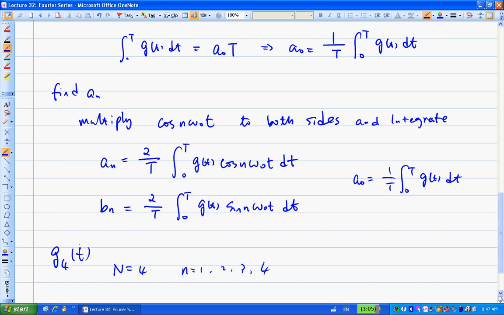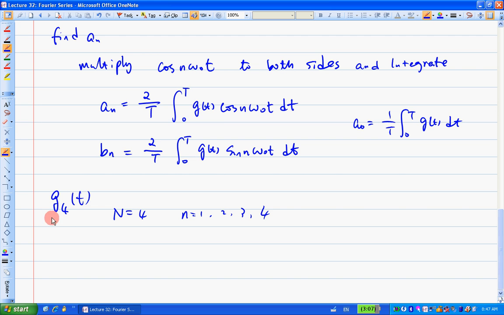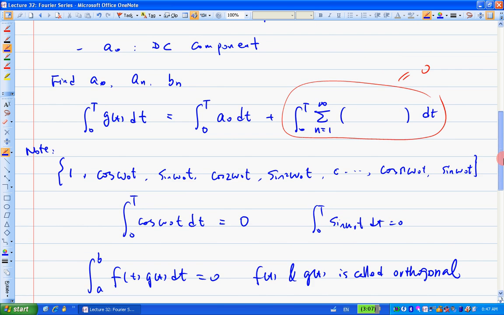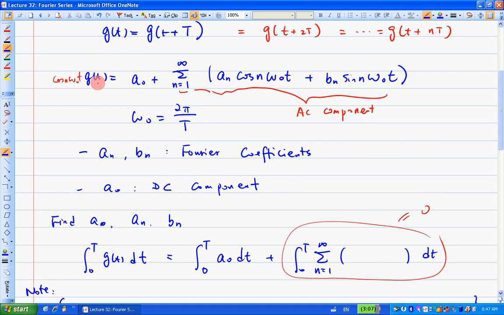Good. Now let's take a look at an example application of this Fourier series. But before we move on, let's take a second look at this formula. This is g of t, and now we are decomposing it into sine and cosine additions.